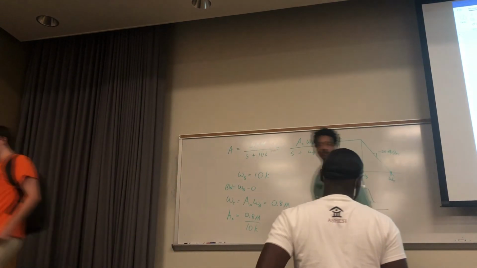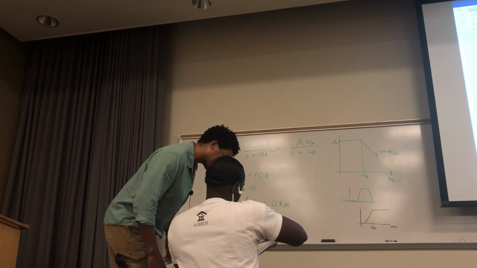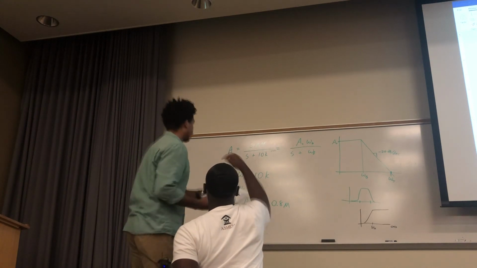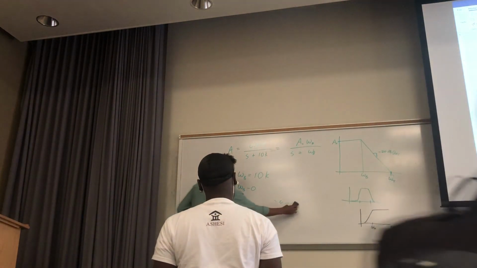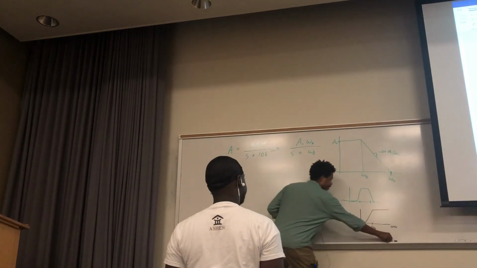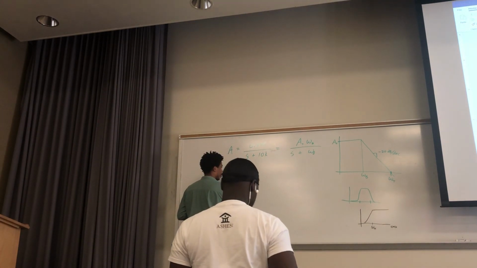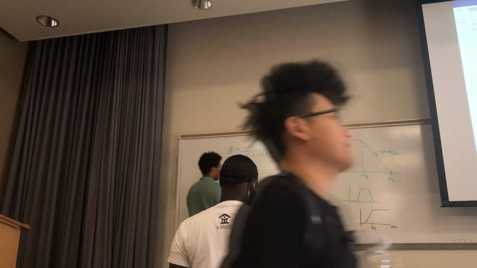I was just confused about how that became this. Oh, yeah, I skipped some steps. Sorry about that. If I remember correctly, we had A over 1 plus A beta.